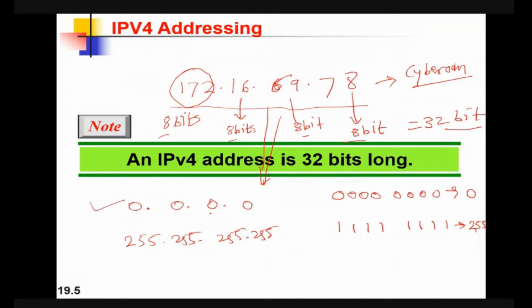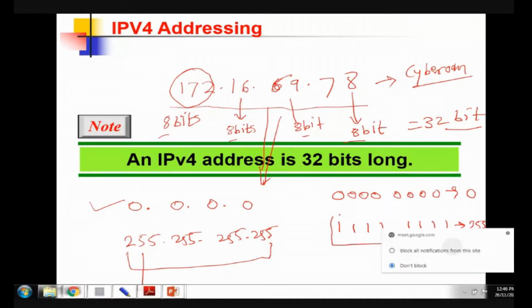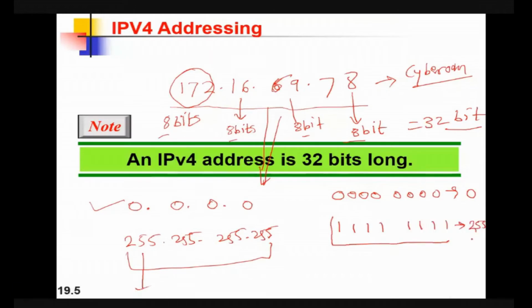So the minimum address is 0.0.0.0, and the maximum address is 255.255.255.255. You cannot have a number more than 255 in an IP address. Why can it not be more than 255? Because the maximum number that you can represent using 8 bits is all ones.